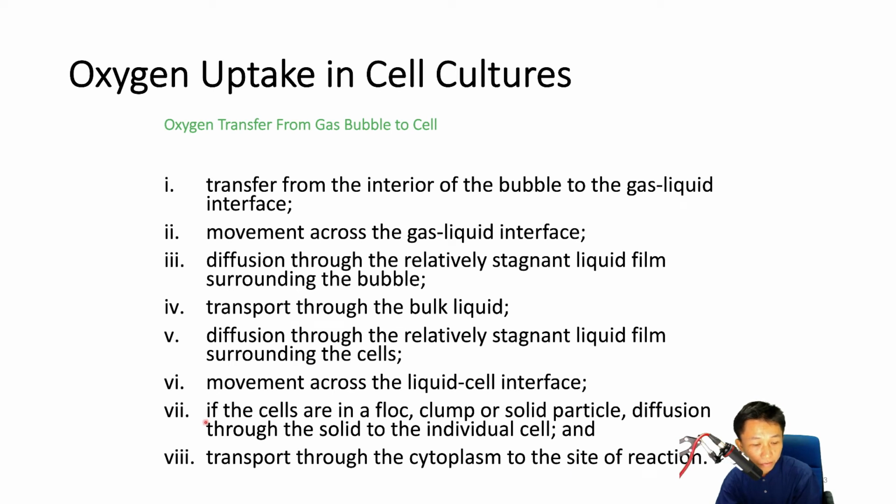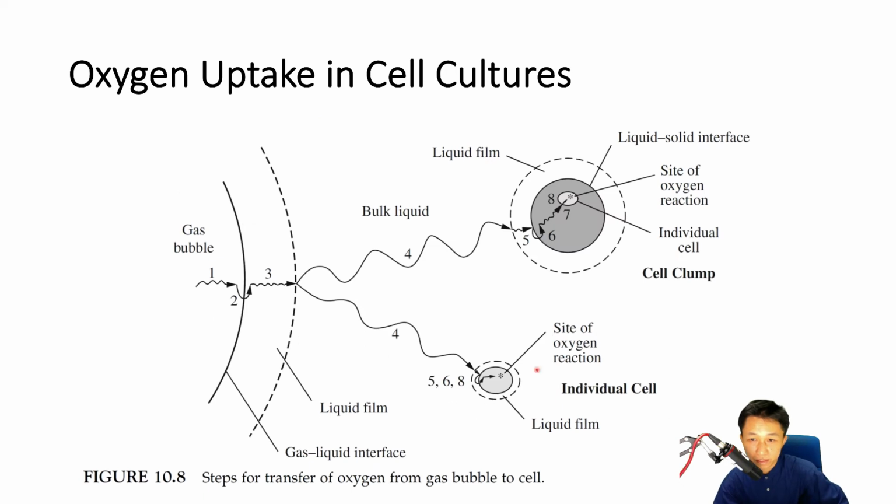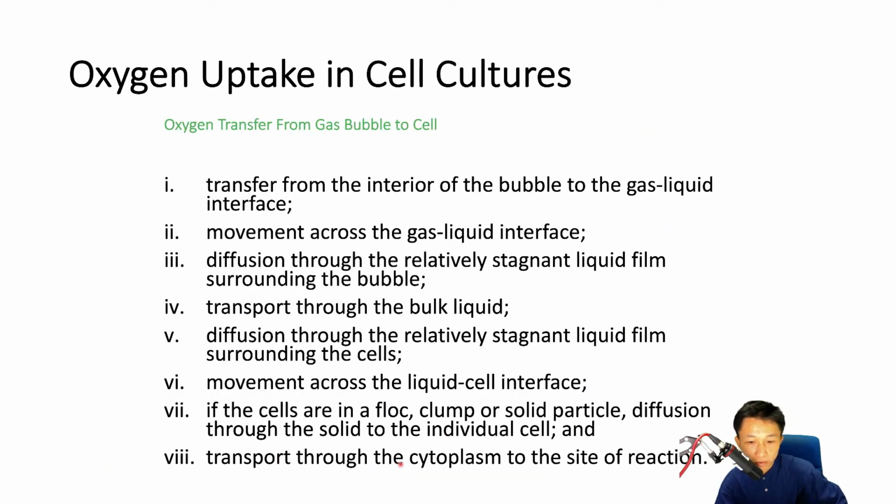And number 7, okay, diffuse to the solid, to the individual cell. This one doesn't have the 7 step only, because it's an individual cell. This one is from clump to individual cell. And the final step is transport to the active site of the reaction.